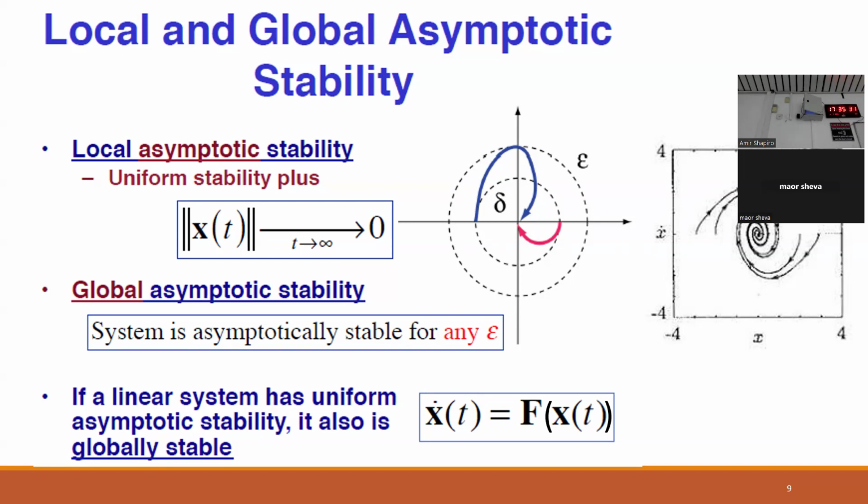And if for every state it will go into the origin, then it is global asymptotic stability. For any epsilon, for any radius that I start from, the system will eventually go to the origin, to the equilibrium. Therefore, the equilibrium is globally asymptotically stable.